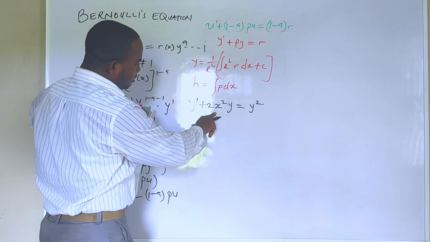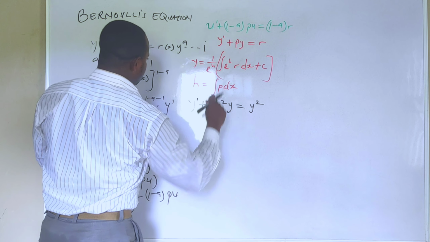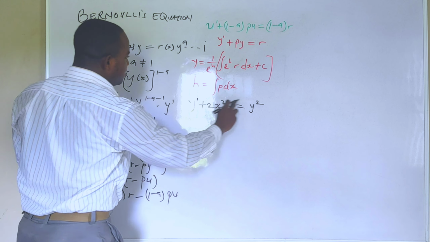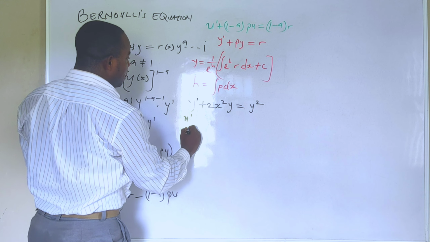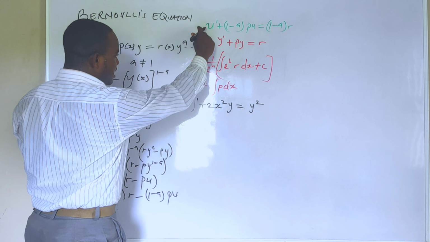We want to rewrite this in linear form, so we are going to make use of this formula. So this differential equation then becomes u prime, let me write it side by side.